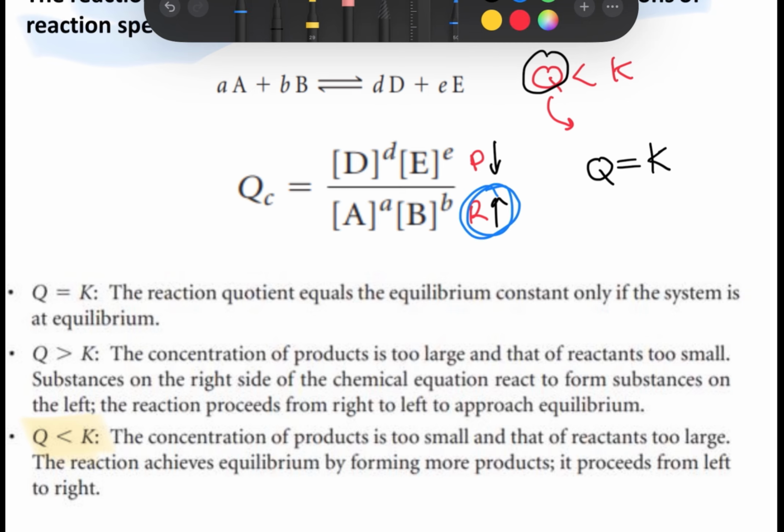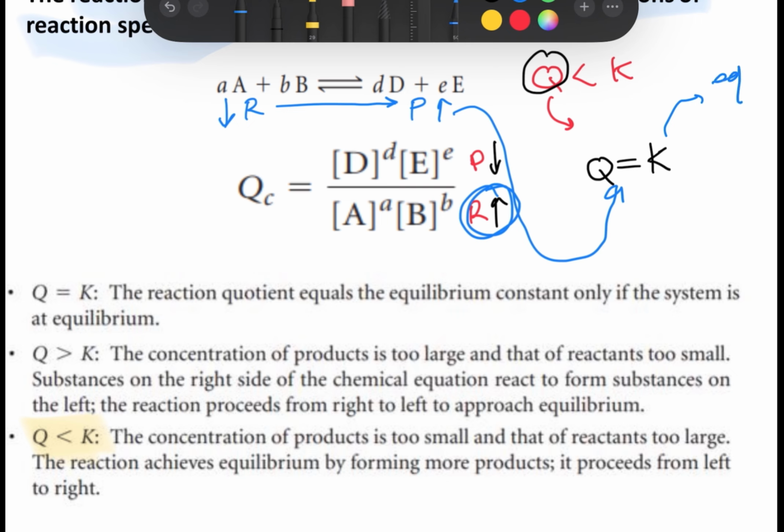By shifting the reaction to form more products. So the concentration of reactant will decrease, whereas the concentration of product will increase. This process happens until we reach the target of Q becoming equal to K, which is the condition at equilibrium.